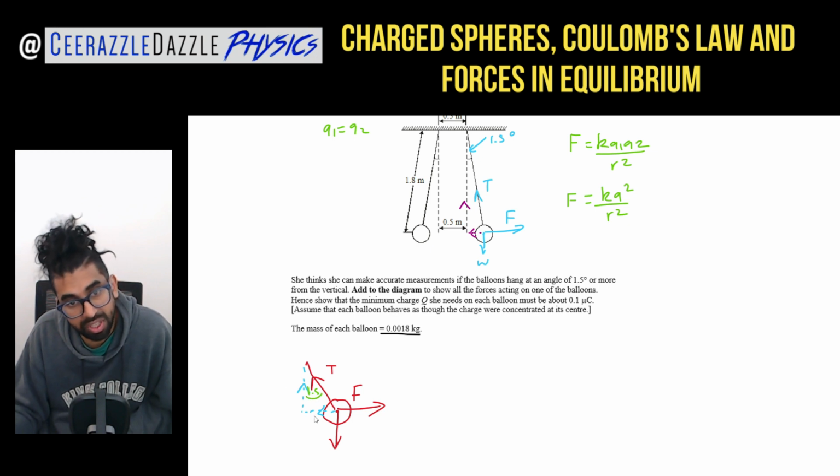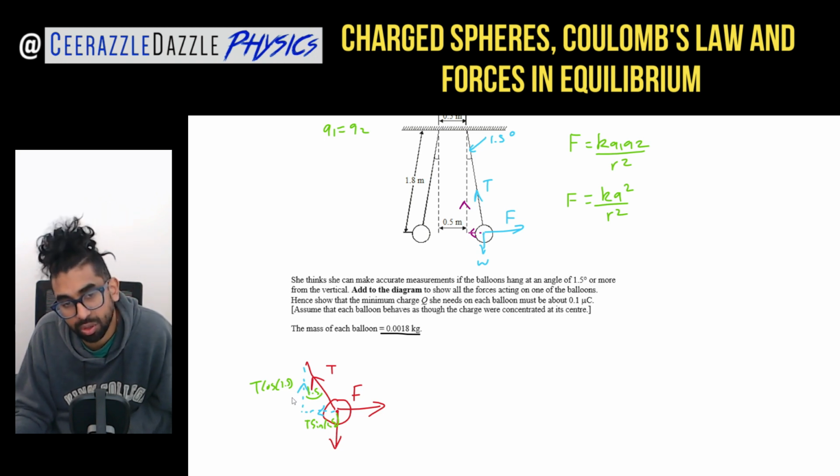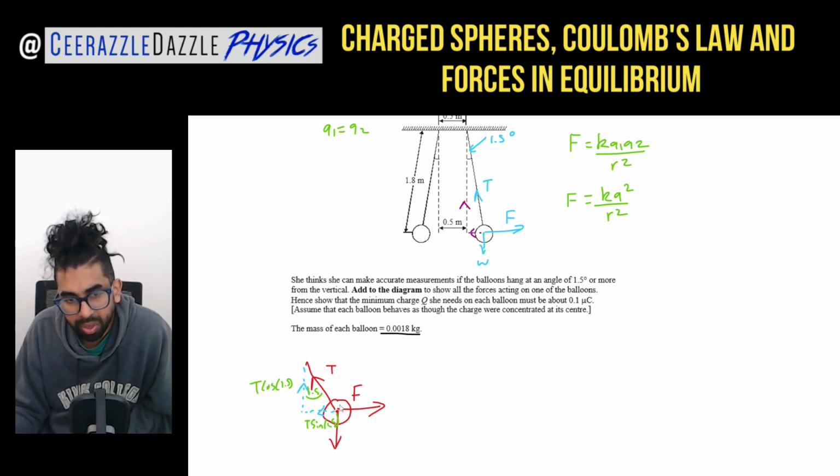So let's resolve this component. This one will be T sin 1.5, and this one over here will be T cos 1.5. Hopefully you can resolve those two forces. Now we know that the force pulling this way must be equal to this force there.